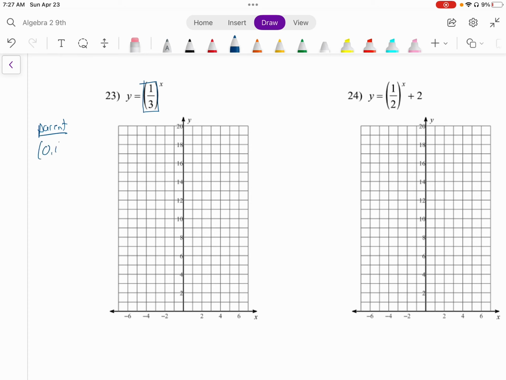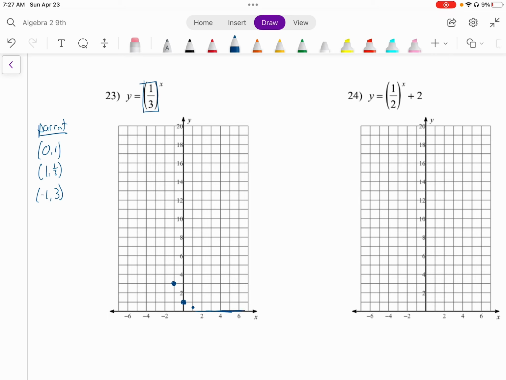We have 0, 1. We have 1, the base. So the base is 1/3. And we have negative 1, the reciprocal of the base. The reciprocal of 1/3 is 3. And so we notice that instead of going up from left to right, we're going to go down from left to right.